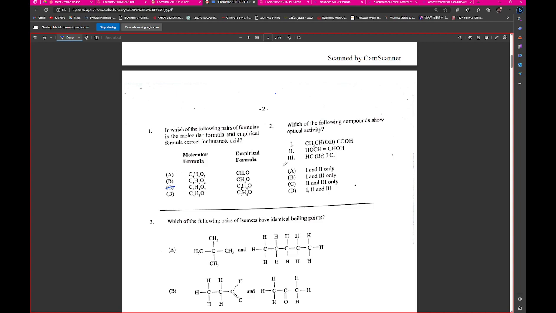Number 2, which of the following compounds show optical activity? What gives optical activity again? Would it be constitutional isomers, diastereomers, or enantiomers? The enantiomers. Wonderful.